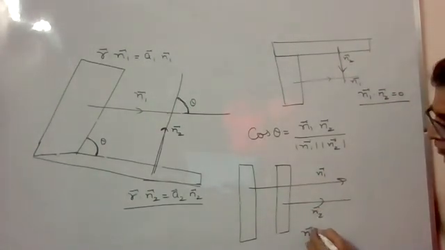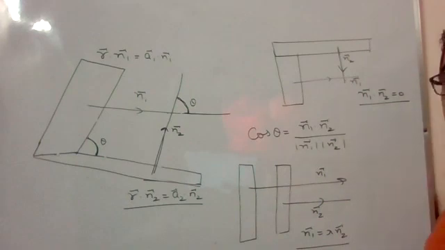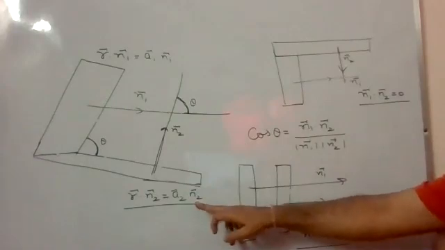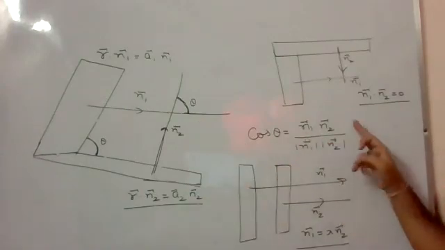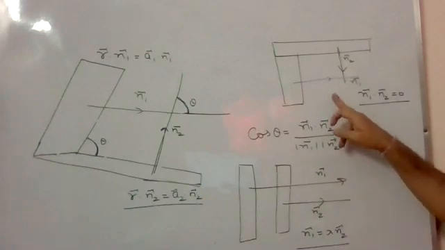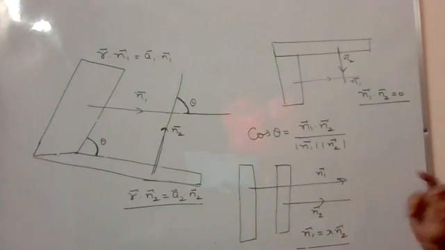So n1 is lambda times n2. We have done this in lines also, but there it was b1 and b2. Now here we have n1 and n2 normals. So for the angle, cos theta is n1 dot n2 by magnitude n1 magnitude n2; for perpendicular, n1 dot n2 is 0; and for parallel, n1 is equal to lambda times n2.